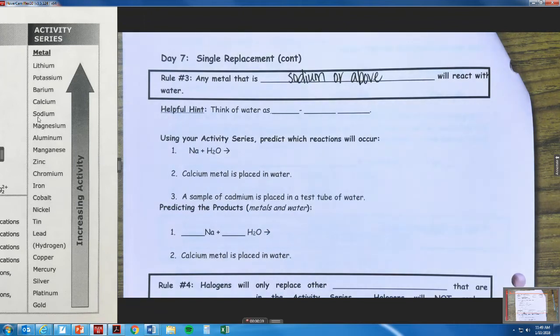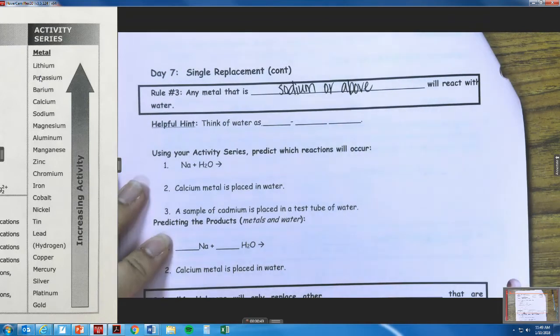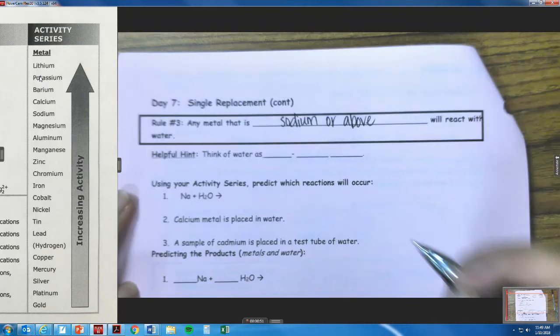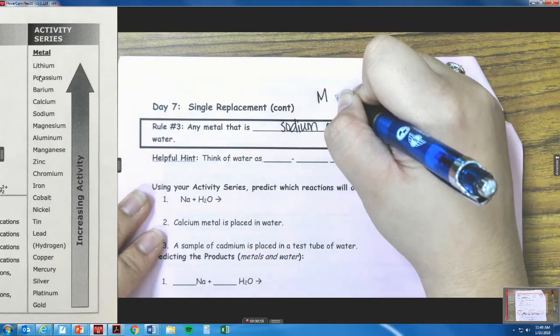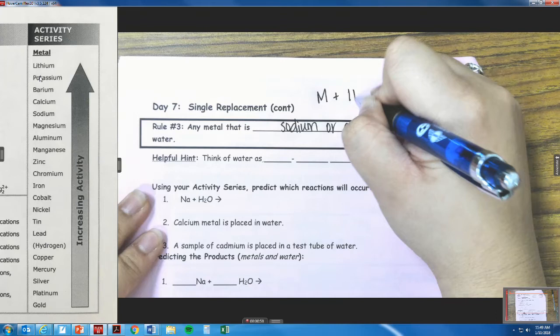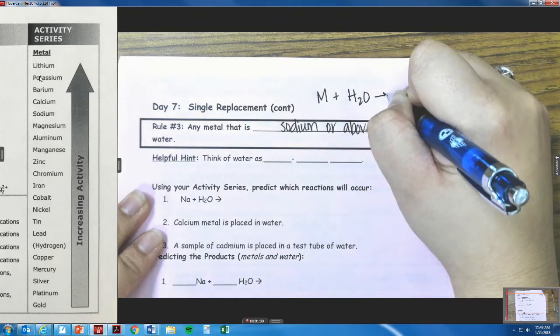Okay, so anything that is sodium or above it is going to be reacting with water. Okay, so your general form for this is going to be, if you have a metal and water, they are going to react.